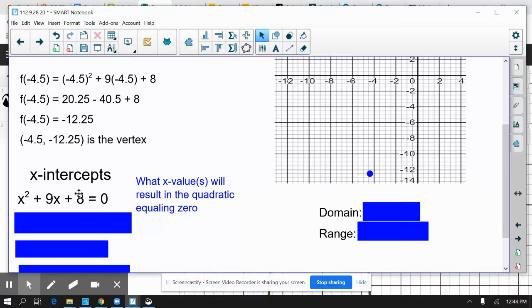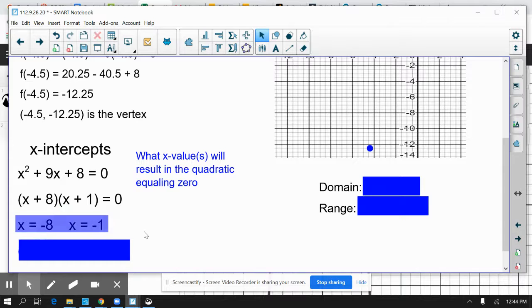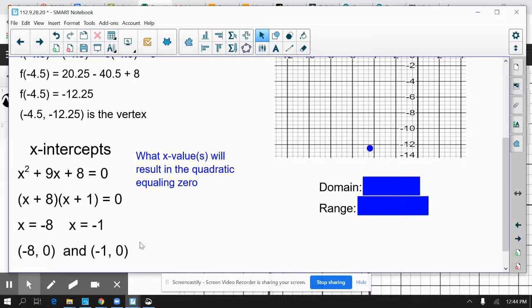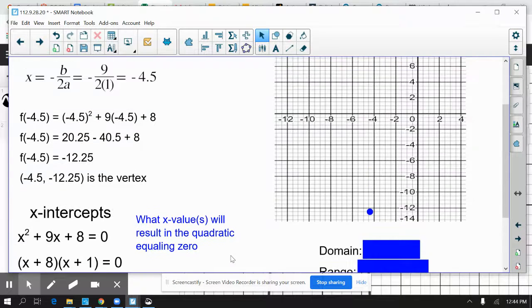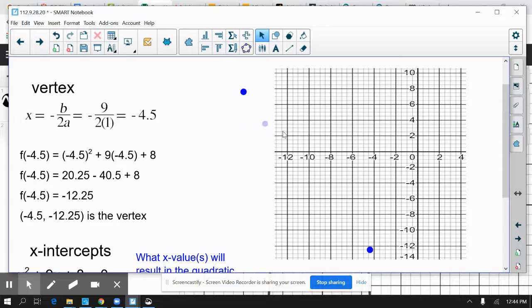You could use the quadratic formula, complete the square, or the square root property, but factoring, if you can factor, is usually the fastest. So this does factor to (x + 8)(x + 1), which means the x's are -8 and -1. Those two x values result in 0. So those are two more ordered pairs, (-8, 0) and (-1, 0).